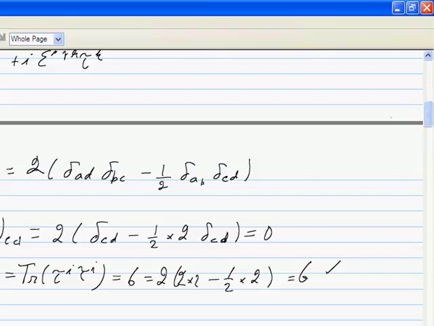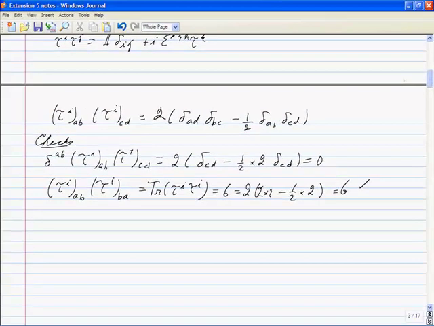And the other one that I started also should work out. I actually don't have it written down here, so let's try it.